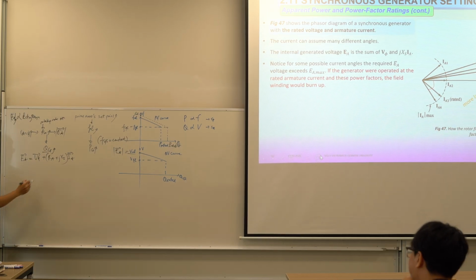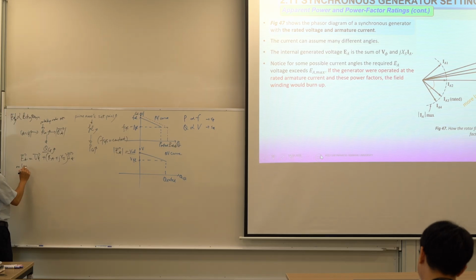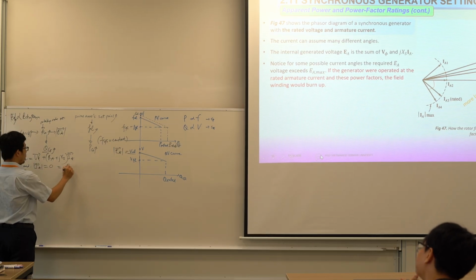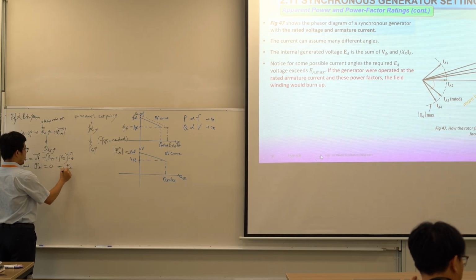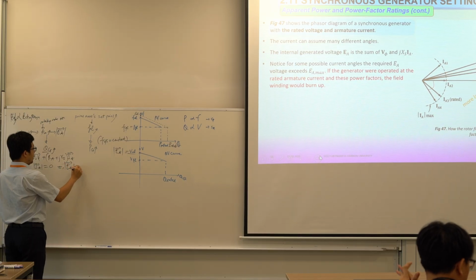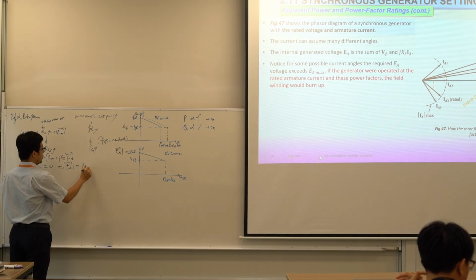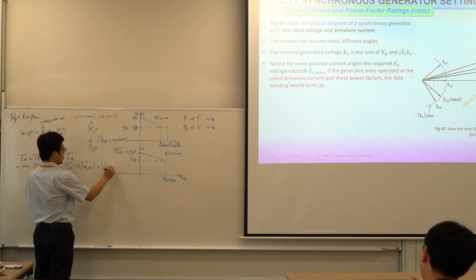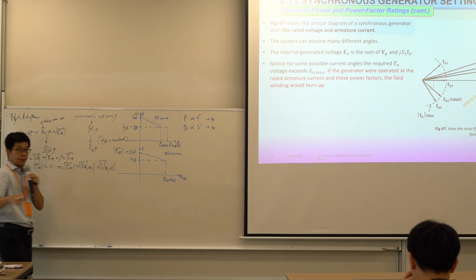So if we have the no load condition, that means IA is 0, so EA is equal to V phi at open circuit, right? Open circuit means no load. Do you agree with me?